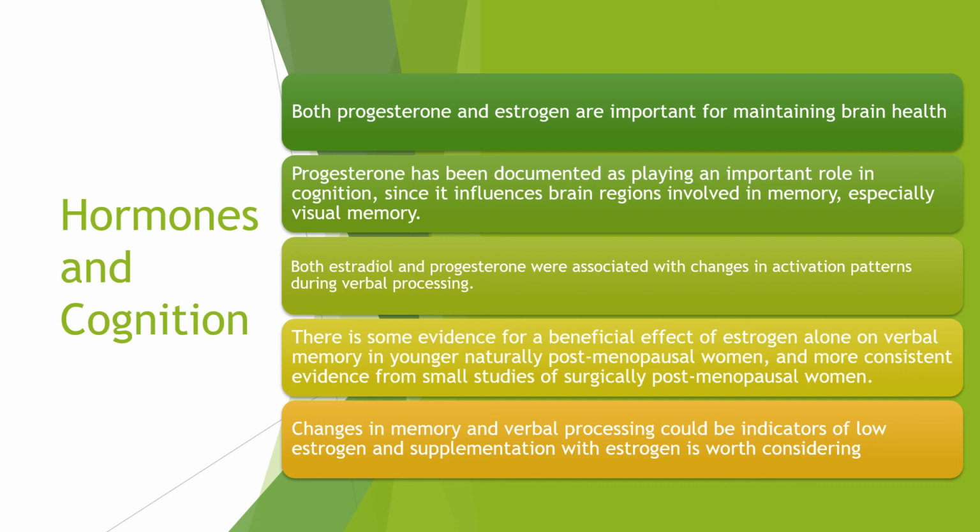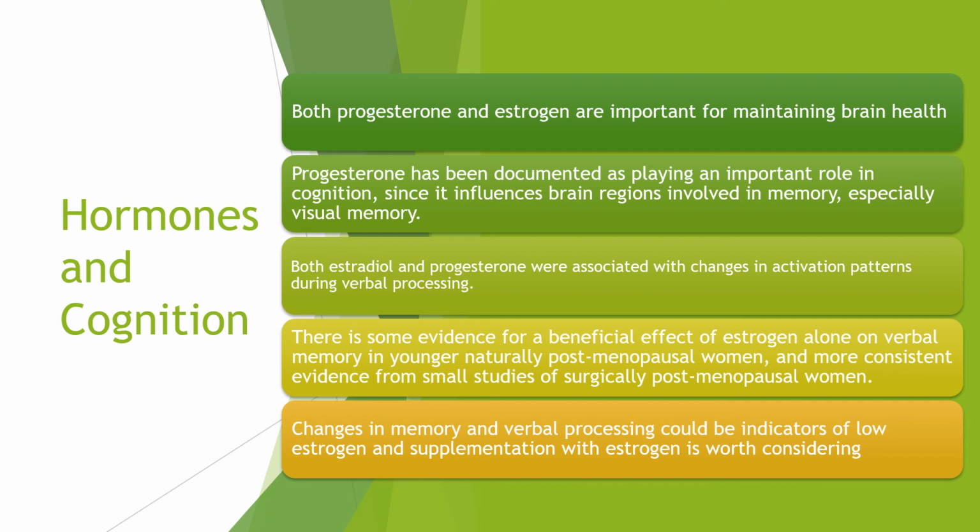So a word about cognition. As we live longer, our culture is seeing a rapid rise in dementias and other memory issues. Hormones play a big role in cognitive function. Earlier this year, we produced a white paper that summarizes much of the recent literature on hormones and cognition, and that is available for anybody who would want to read that.